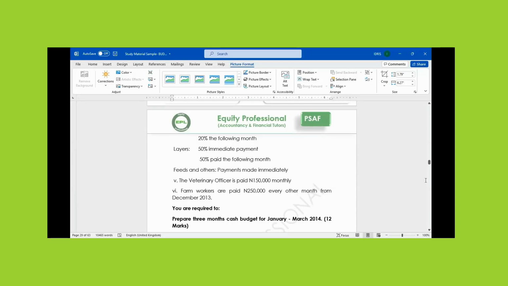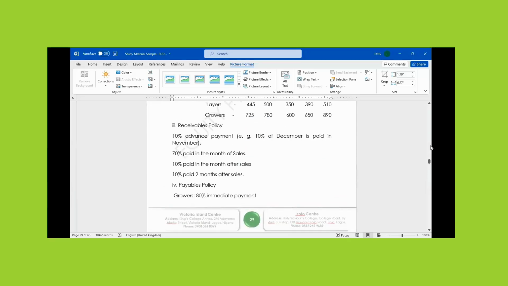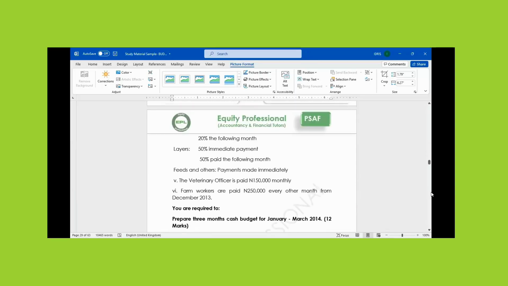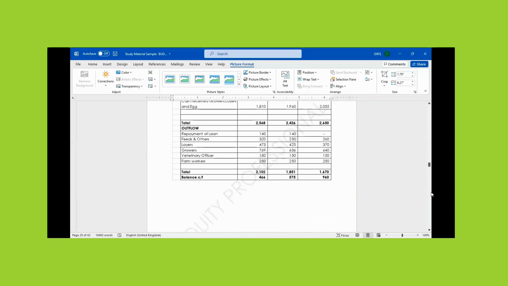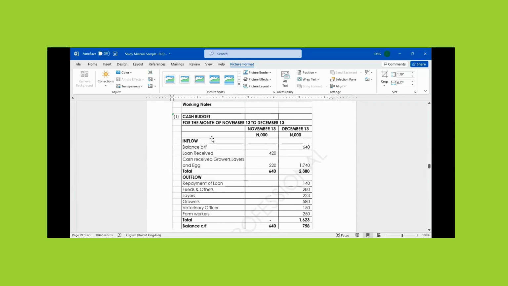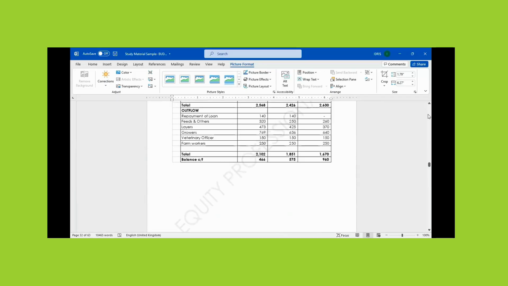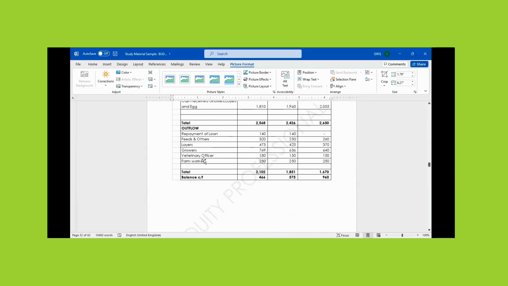From the beginning, December, when they start production, sales and purchases. 150 every month, including November and December in working note 1. You go to your main solution every month.